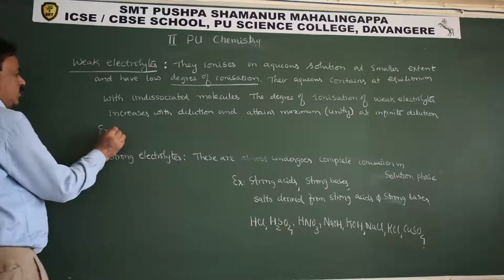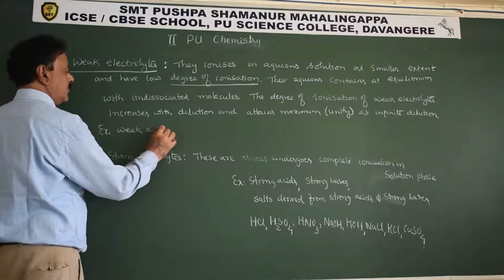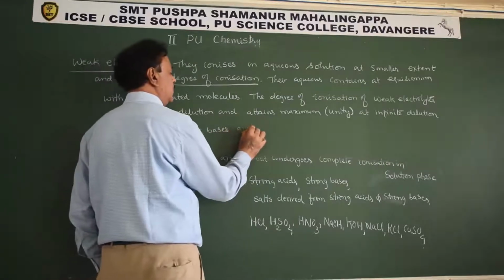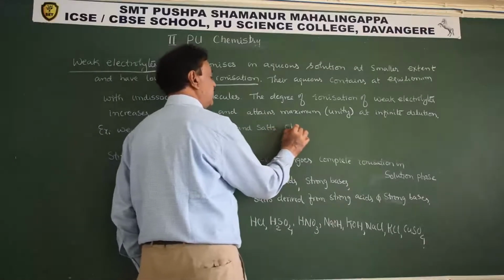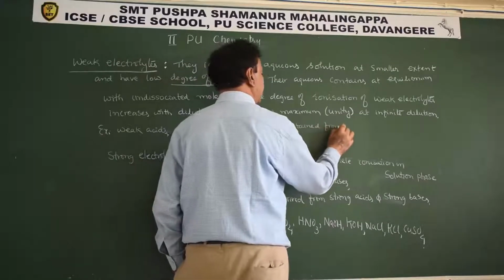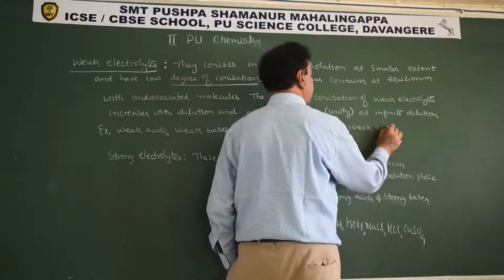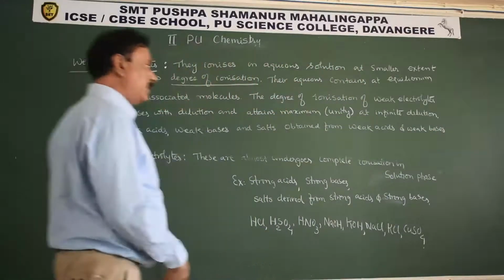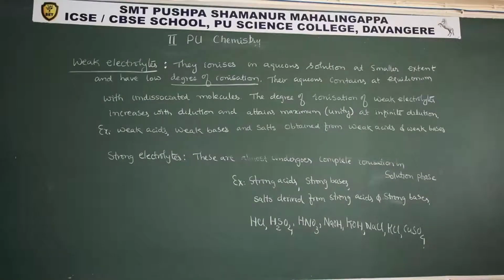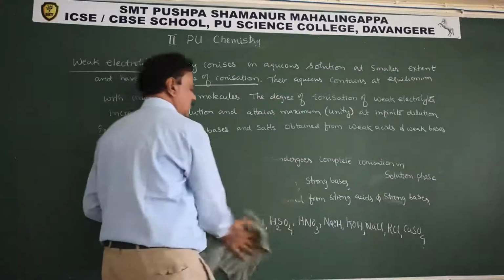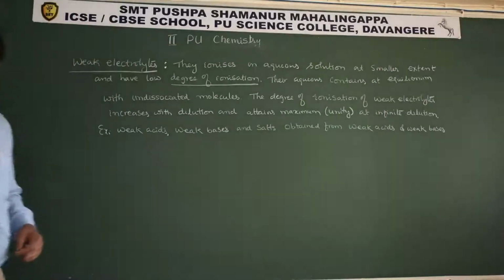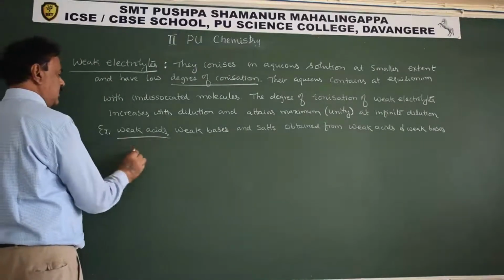Examples: weak acids, weak bases, and salts obtained from weak acids and weak bases. What are weak acids?